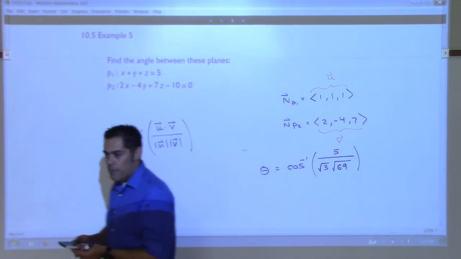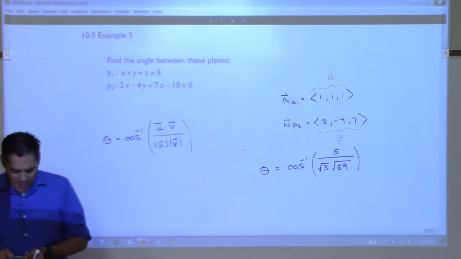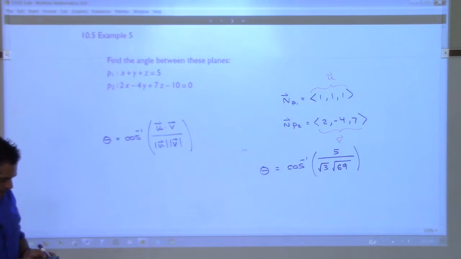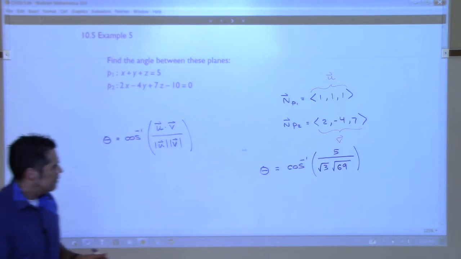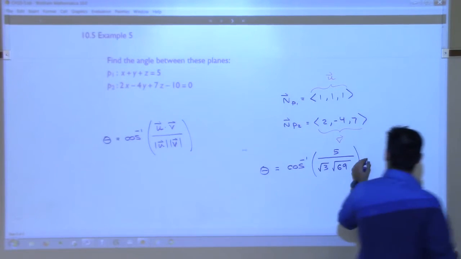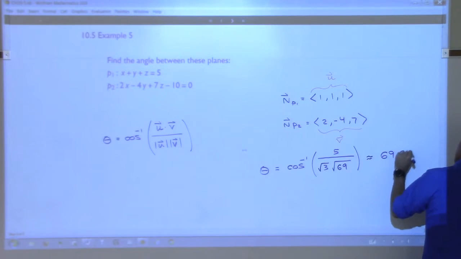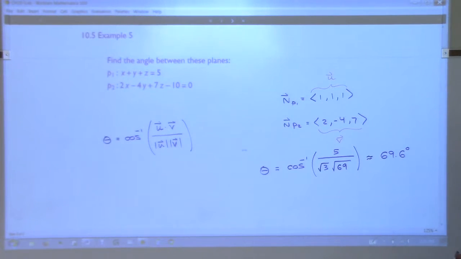You got to make sure you know what mode you're in, because let's take the answer in degrees. Just shy of 70 degrees? 69.66. Okay, so it's approximately 69.6 degrees. That's the angle between those.